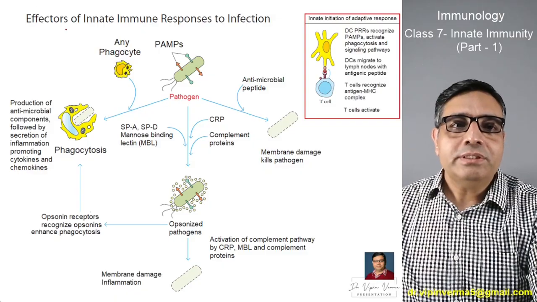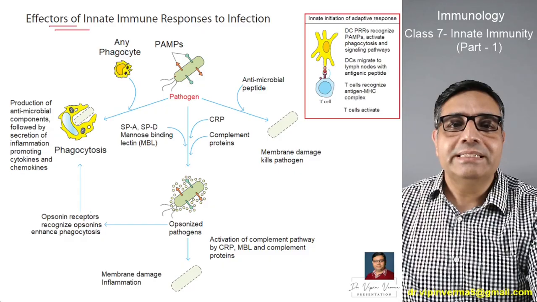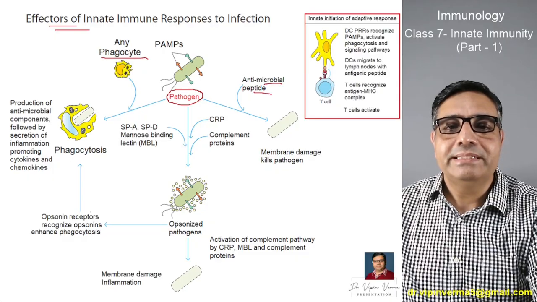Now, this slide talks about the effectors of the innate immune responses. Whenever there is a pathogen, you can see here we have a pathogen. Then we have the phagocytes, right? Then we have the antimicrobial peptides. We have the complement proteins, CRP, SP-A, SP-D. These are the opsonins, okay?